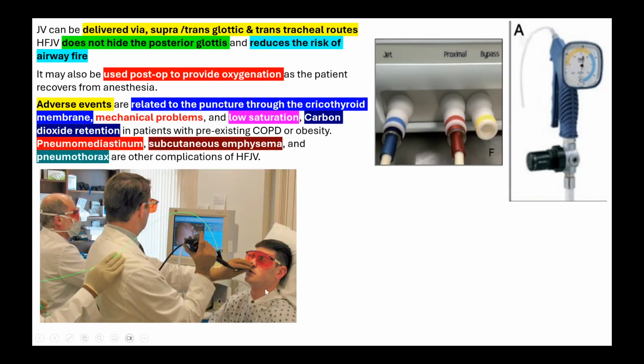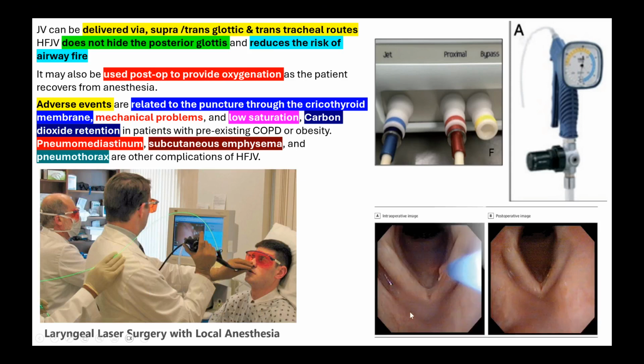And this is what I showed you, the green laser being used as an office procedure. You can see everybody is wearing goggles, and the patient has been anesthetized with topical xylocaine, and the endoscope has been introduced through the nostril, and the side arm beam is also going there, and this will be the picture.